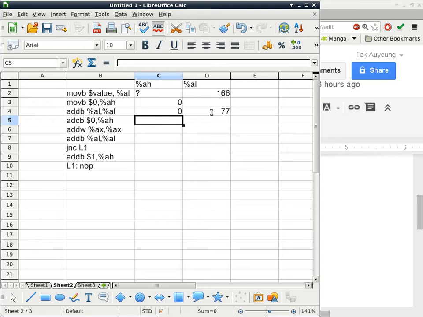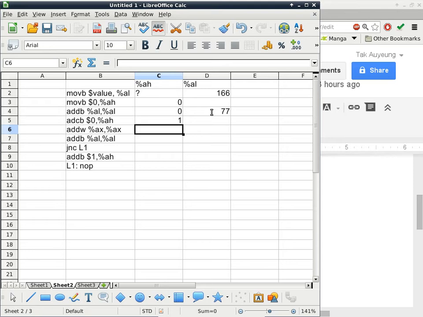So you're adding the carry with 0 in this case to AH. So AH at this point becomes a 1. Is that okay? Yeah, I think I got that right. Well, that's good. I got it right, but for a totally different reason.